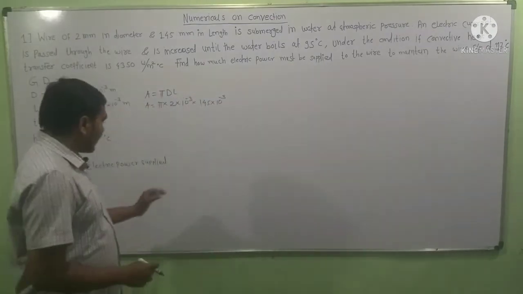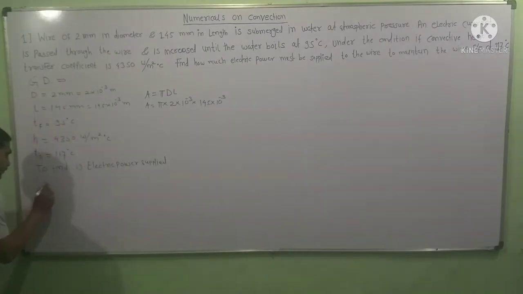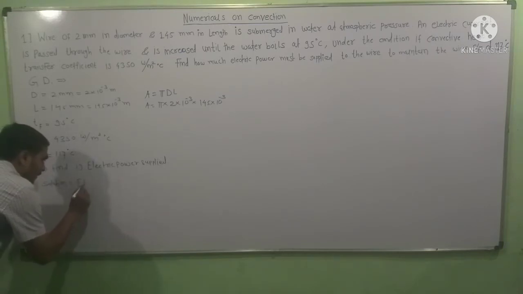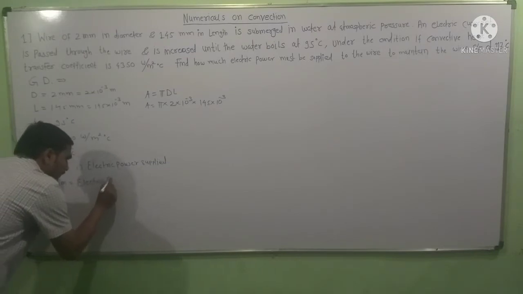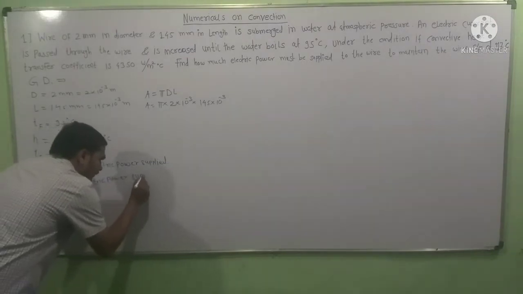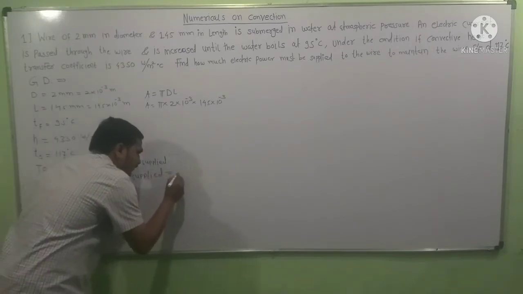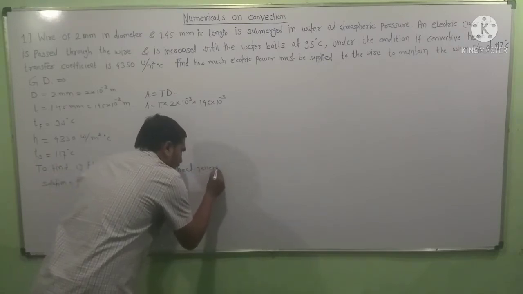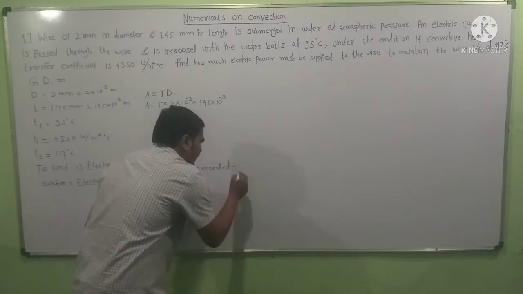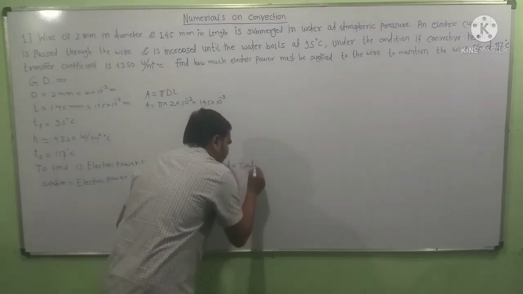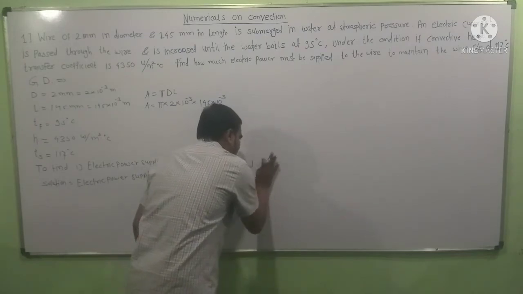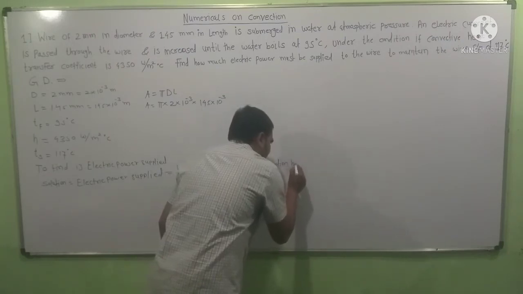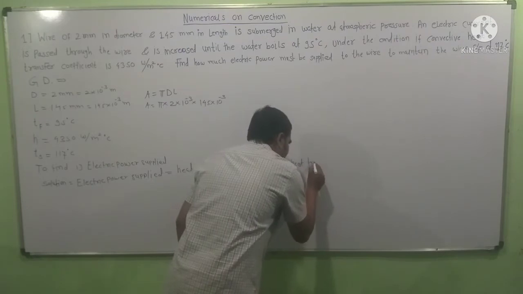So in the solution we can write: electric power supplied equals heat generated, or equals the total convection heat transfer.